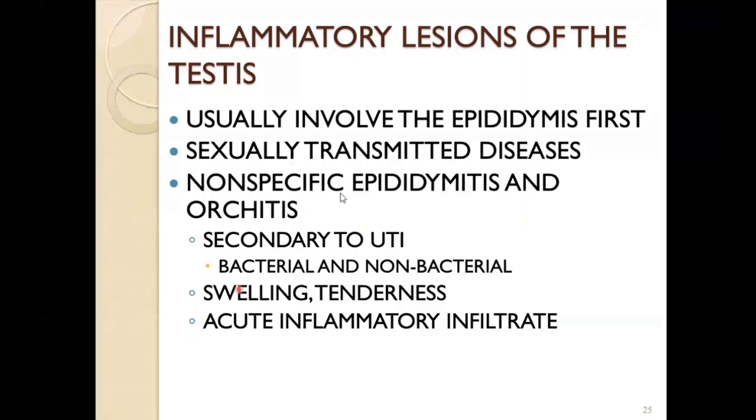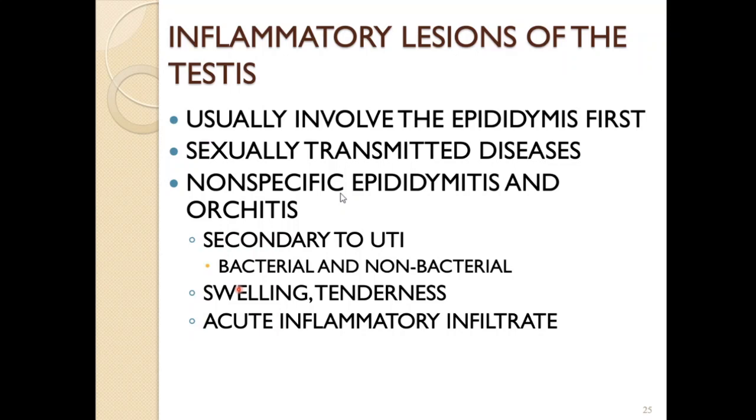So usually involves the epididymis first and they go then to the testis. Usually, these are sexually transmitted diseases, gonorrhea, chlamydia, and so on. So also there are other non-specific epididymitis and orchitis. Orchitis meaning the inflammation of the testis.